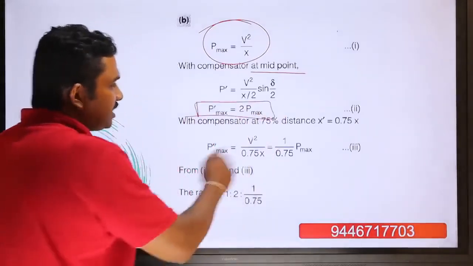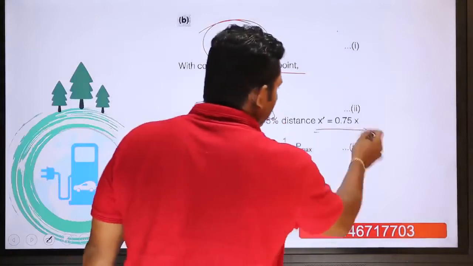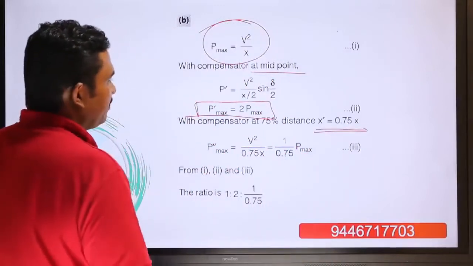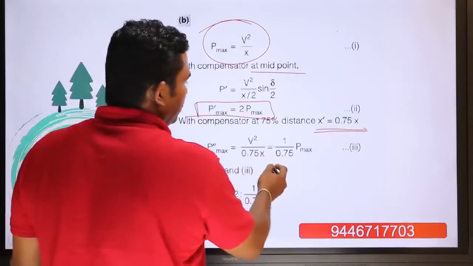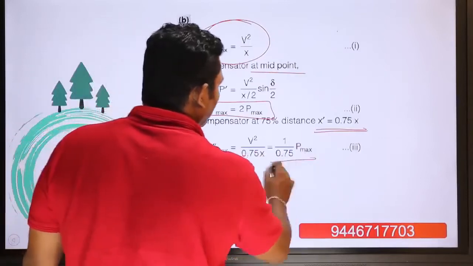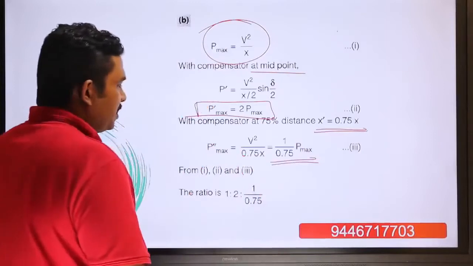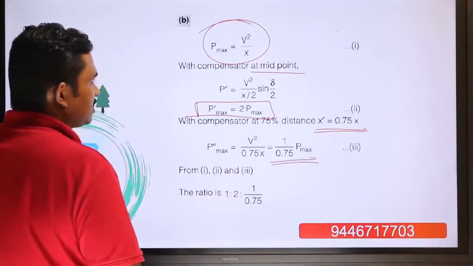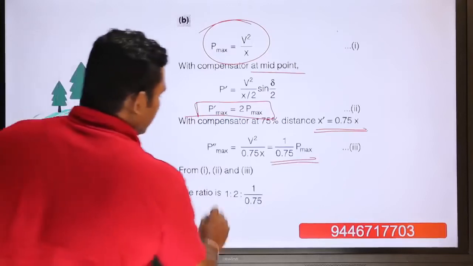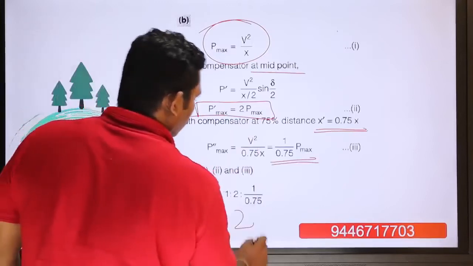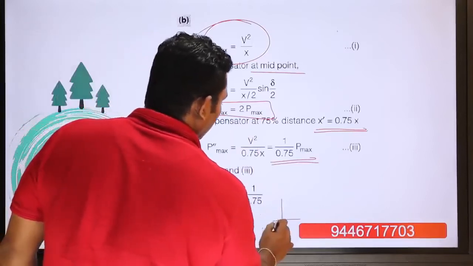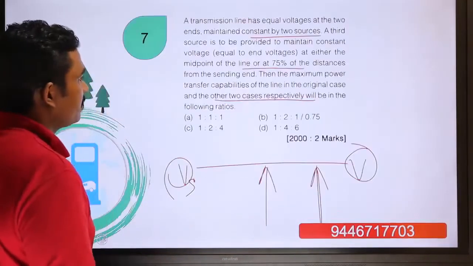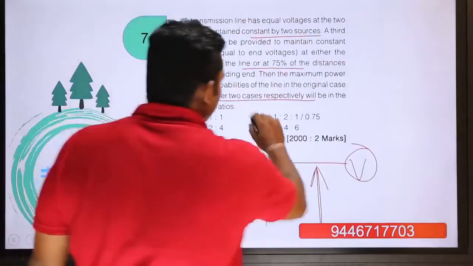When it is compensated at 75%, that means X dash is equal to 0.75x. So it is V square divided by 0.75x, which becomes equal to 1 divided by 0.75 Pmax. So what will be our ratios? The first condition is 1, the second condition will be equal to 2, and the third condition will be equal to 1.75. So what is our answer? Our answer is option B.